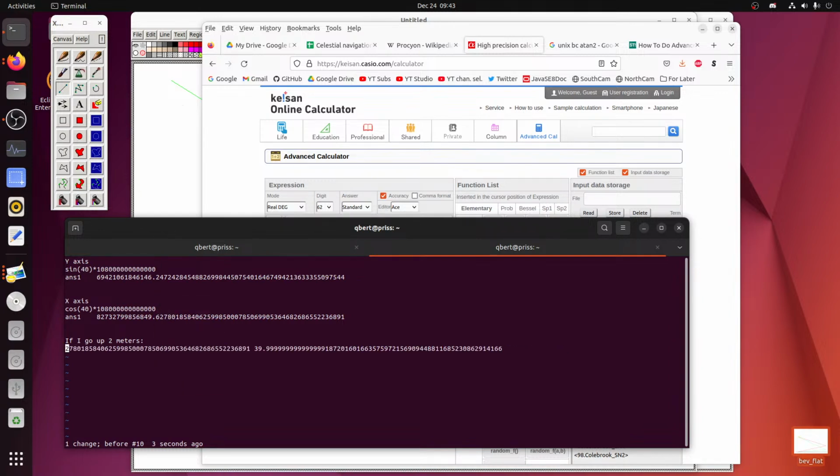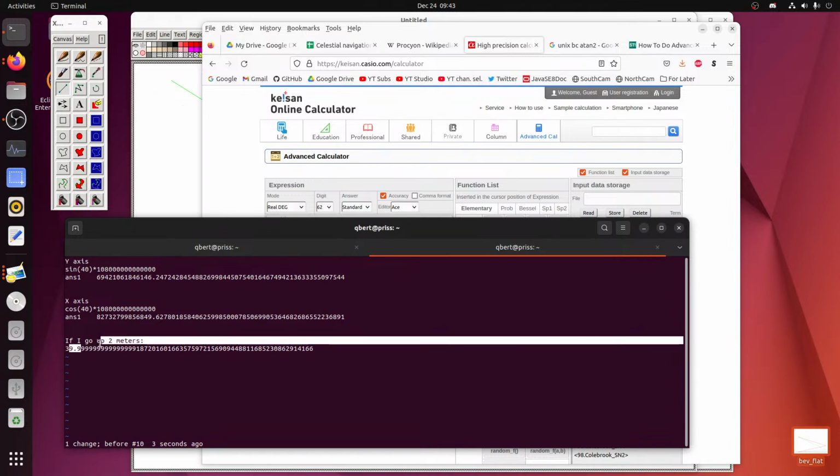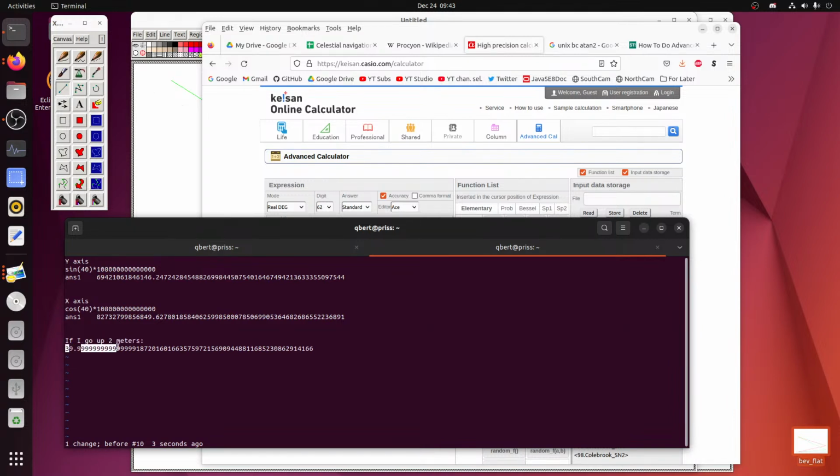For some reason, it just decided to throw that in there. Okay, so we've got 39.12468 59s before it starts veering off.